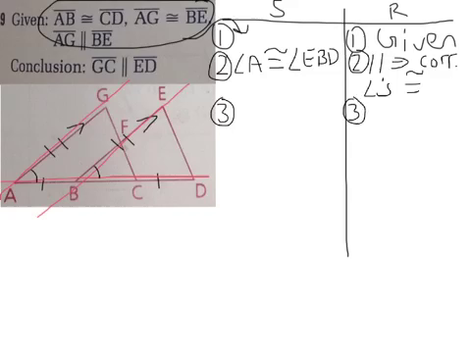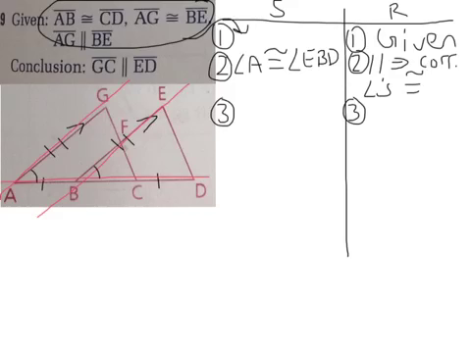So now I have to prove AC congruent to BD. I want to get those two sides to be congruent. Well, I've noticed that since I have AB right here and CD congruent already, if I add BC to both of those, I'm going to get a congruent segment.